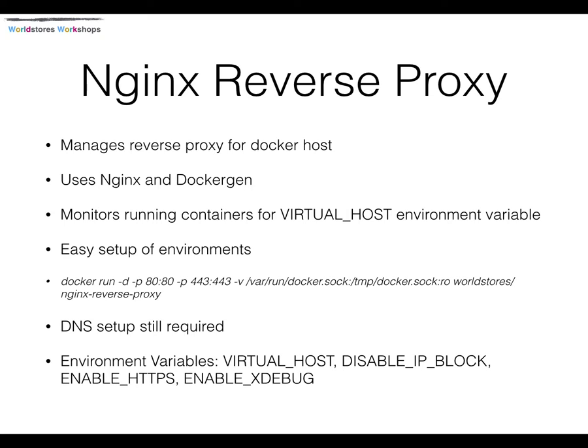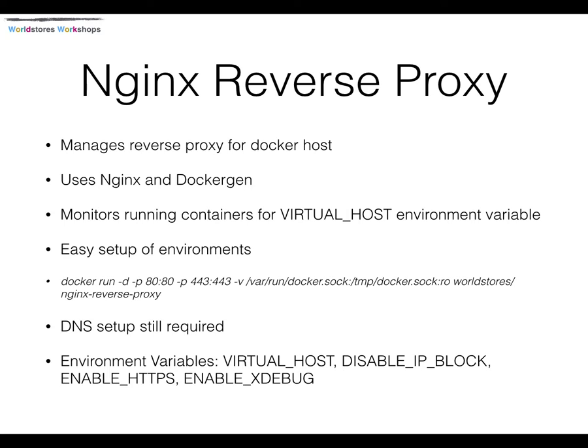We did that for the Beanstalk console. That's a bit of a pain in the butt, really, and is not manageable, especially if we want to use this fluidly within our own local environments and on our test environments. So we've got the Nginx reverse proxy to sort that out for us.